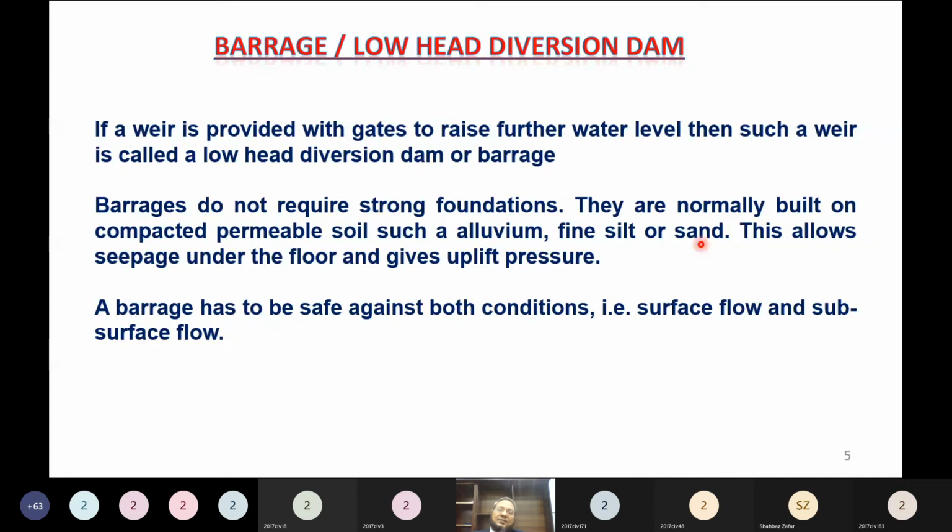In addition to surface flow, subsurface flow also takes place, and water also moves under the barrage. And once the water moves under the barrage, it will also apply uplift pressure to the barrage body. Hence, a barrage has to be safe against both conditions. What are both conditions? Number one is the surface flow condition, and the second is the subsurface flow condition.